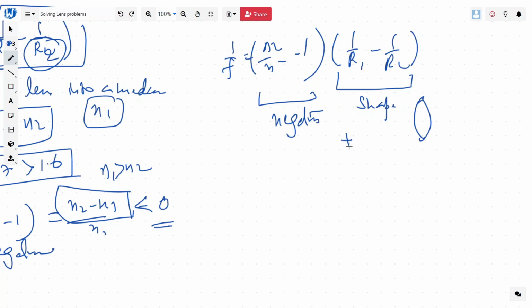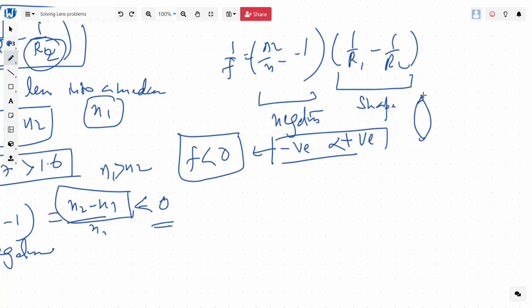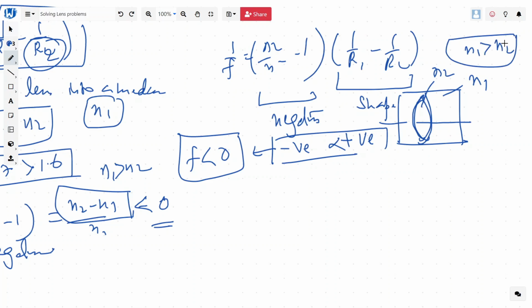Now this part is positive multiplied by a negative part, hence the focal length becomes less than 0 or negative, which means that this convex lens, which is acting as a converging lens, when immersed in a medium which is more than the index of refraction of the lens itself, will start acting as a diverging lens. So instead of converging the rays, it will start diverging them, right? So that is amazing.